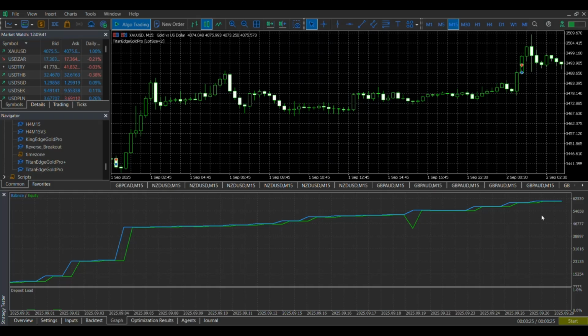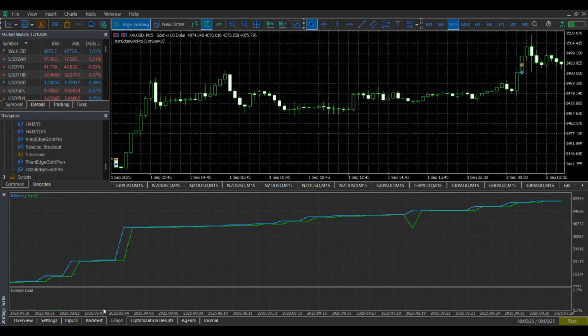And as you can see, the final result is around 60k. Just in a month, the EA made 50k of profit from the 10k account. You can see it is 6 times the account size.